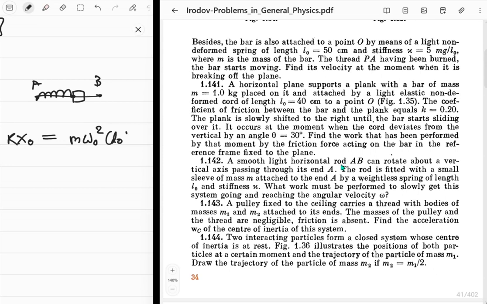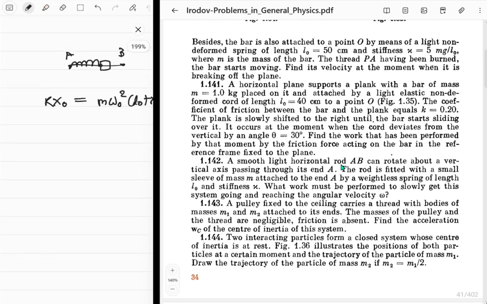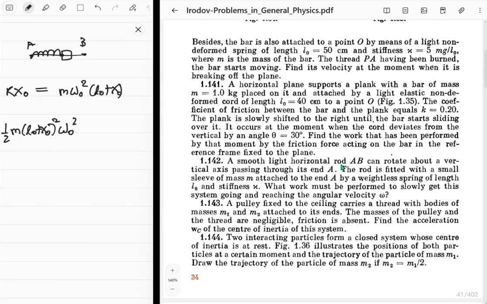From here you can figure out what x naught should be. That's one equation. Then we need the change in kinetic energy, which is half I omega naught squared, with I equal to M R squared, that is L naught plus x naught squared. Plus the change in potential energy, which is half k x naught squared.